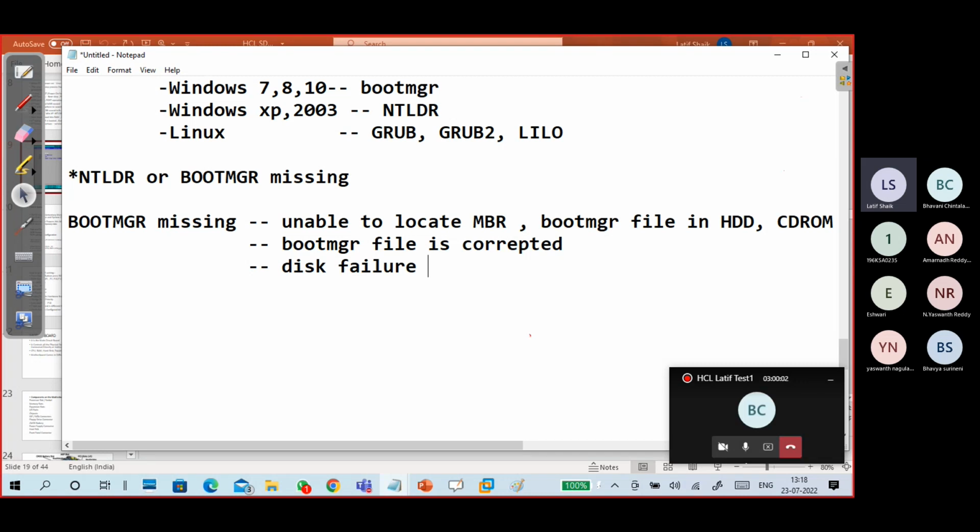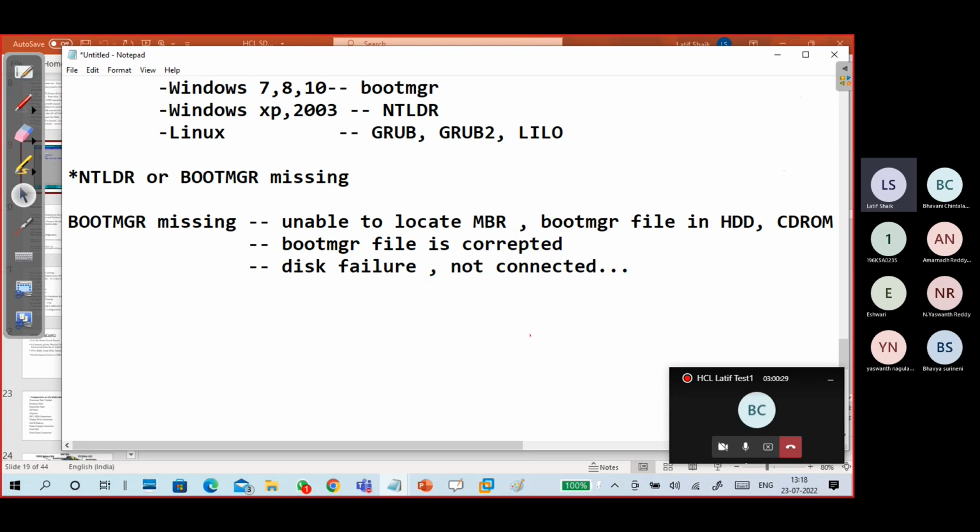The system is not understanding immediately, so it throws a message called boot MGR missing, but really it is not. The meaning of boot MGR missing is disk failure, not the exact meaning. But when your disk is missing or the disk has failed or is not connected, anything disk related.